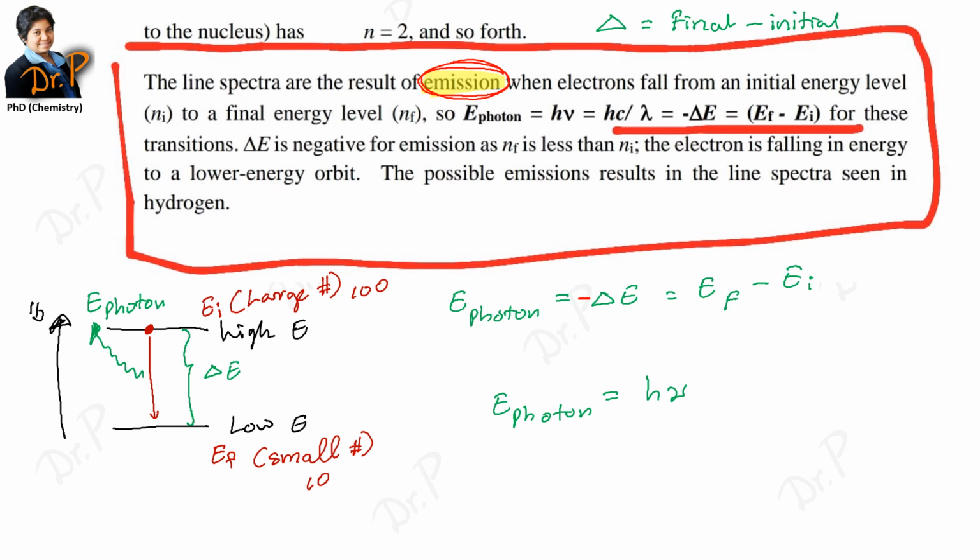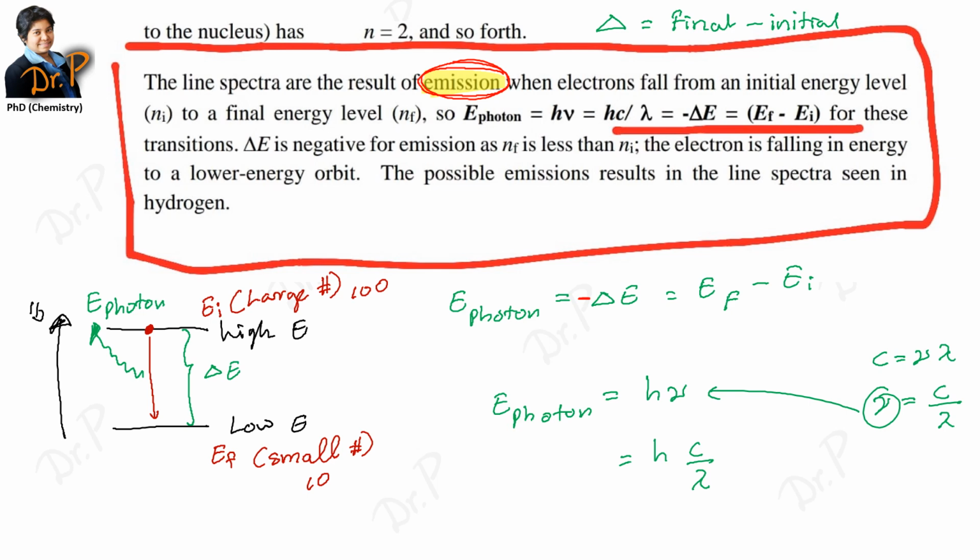Also, we know that speed is equal to nu lambda, so nu is equal to c divided by lambda. By substituting this here, you get this relationship.